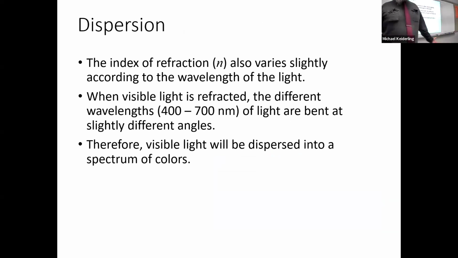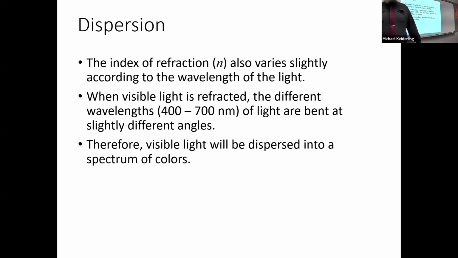And the index of refraction will also vary slightly according to the wavelength of light. So when visible light is refracted, the different wavelengths of light are bent at slightly different angles. Therefore, the visible light gets dispersed into a spectrum of colors. This is what's happening in a prism, making a rainbow. It's also part of what's happening in the formation of an actual rainbow, but the formation of an actual rainbow is a lot more complicated.